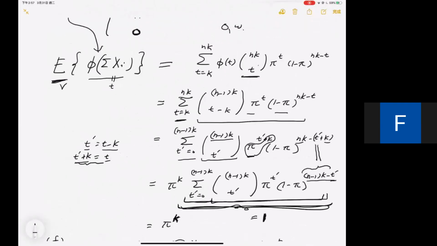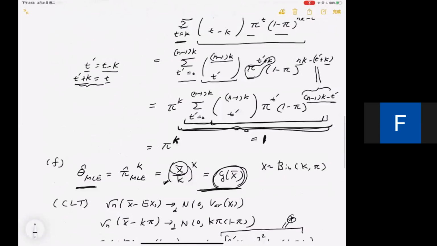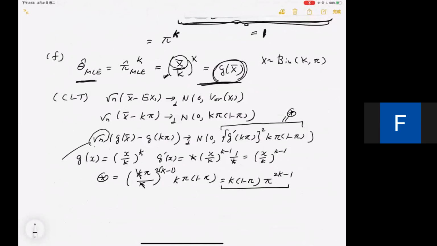I also asked you to derive the CRLB in B. And then you will find out the variance of the MLE right here. What I said is, if you put your root n right here to the right hand side as a variance, that will be divided by n, right? And if you check back to the CRLB, it's actually the same thing.